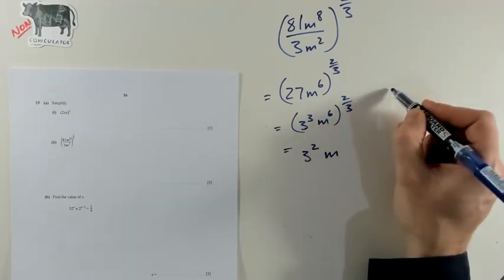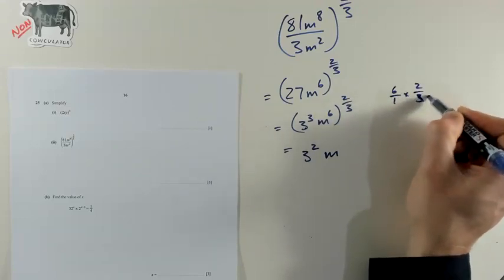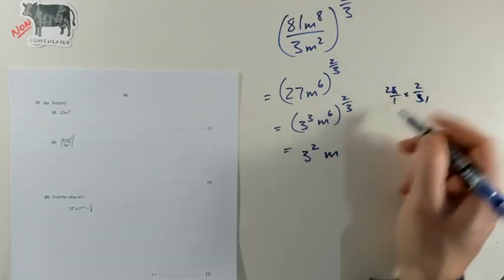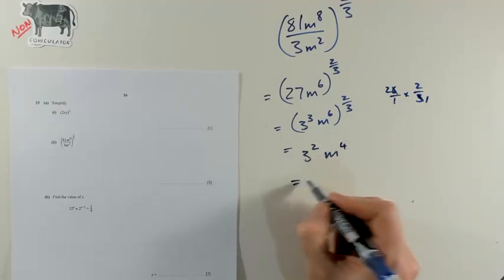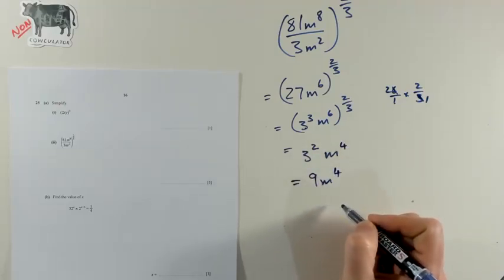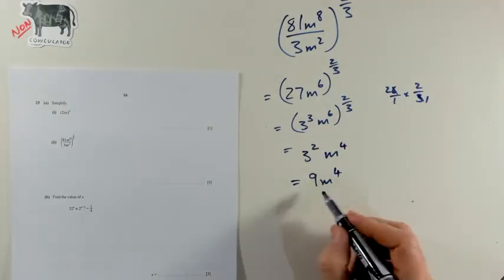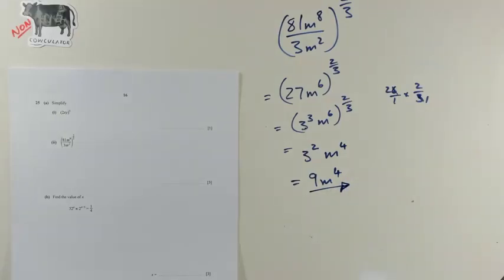So that's going to be 6 over 1 times 2 over 3. And that 1 and that 2, so that just becomes a 4. So this should just be 9m to the power of 4. Yeah, I think that's going to be fine. 12 over 3, that's 4. Okay. Yeah, that's good. Cool. Next one.